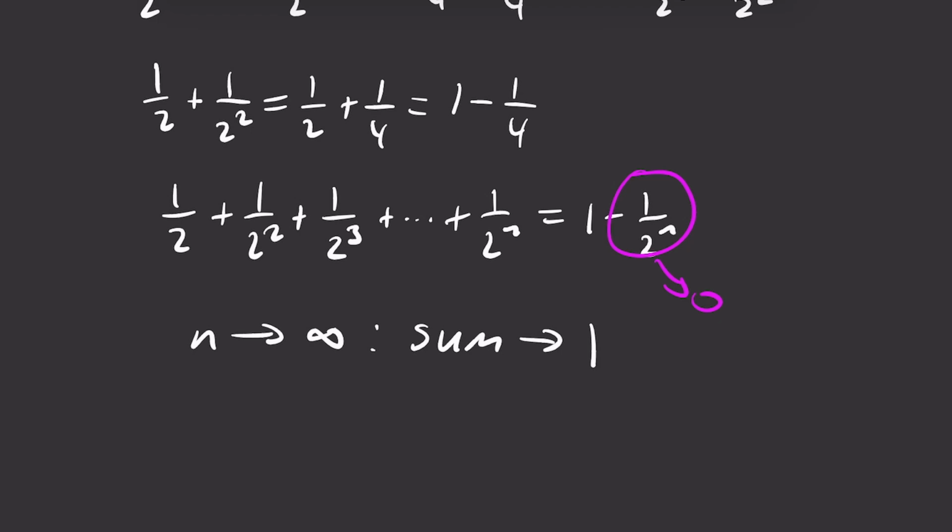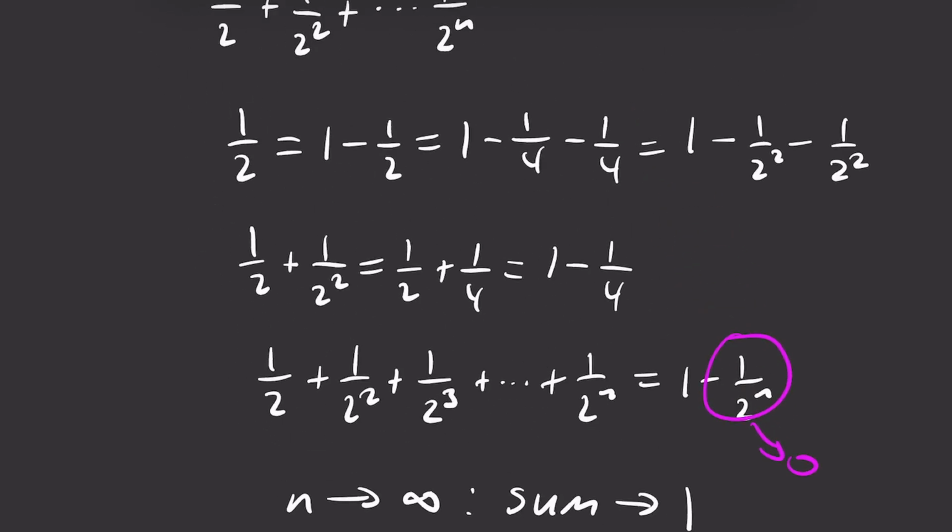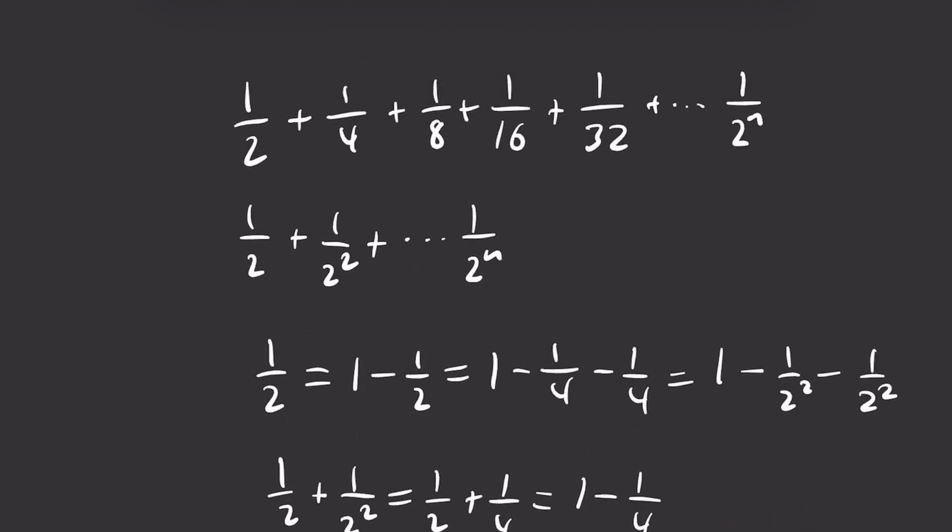But notice that we can never reach 1. No matter how many times I add a new member to the sum, I will never reach 1, but I can always get closer to 1. And that is the central idea of calculus.